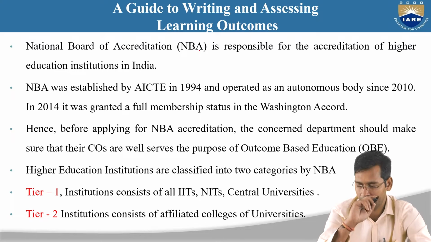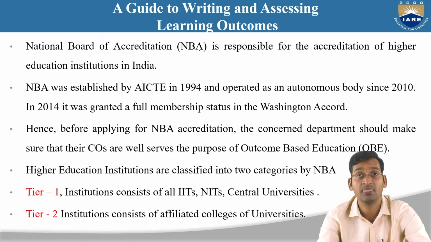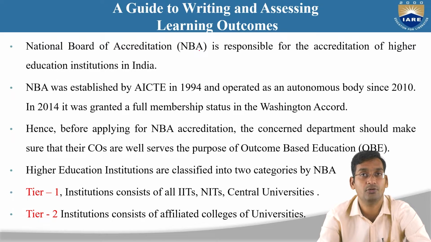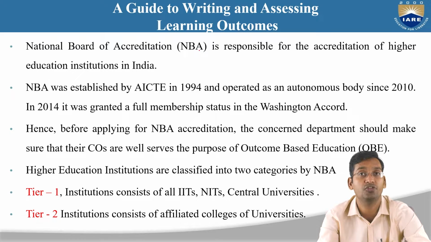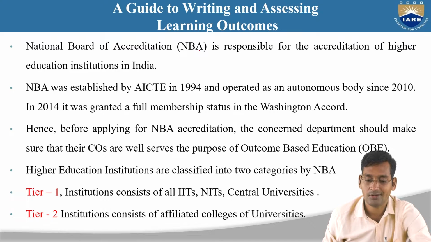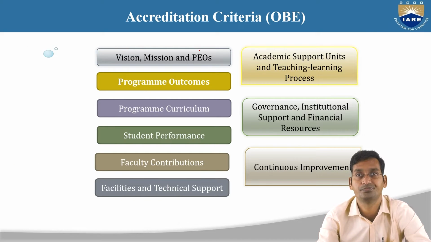Higher education institutions are classified into two categories by NBA. The first is Tier 1, which comes under IITs, NITs, and Central Universities that are funded by the government. Next is Tier 2, institutions consisting of affiliated colleges of a university. If a college is affiliated to a university, it comes under Tier 2.